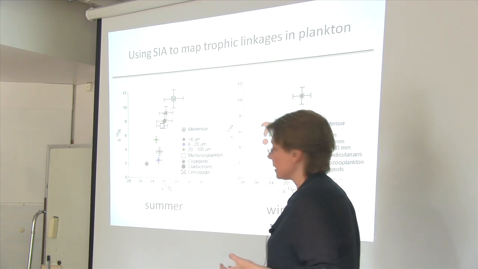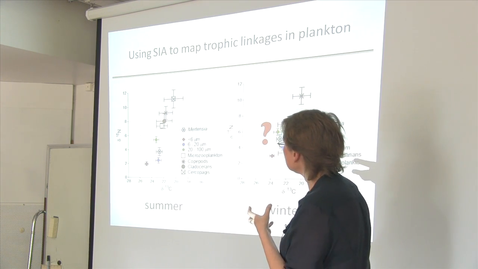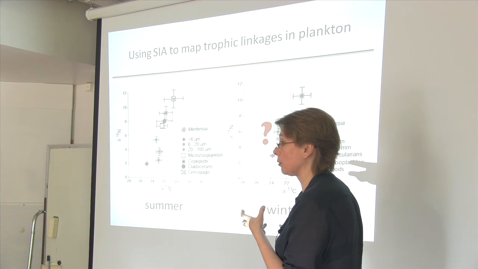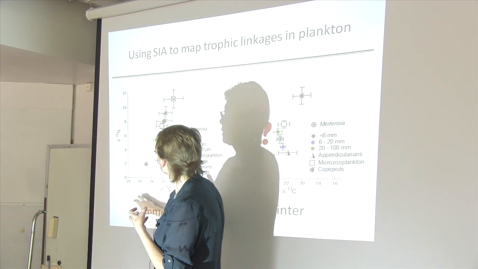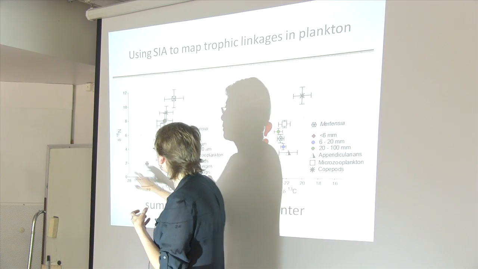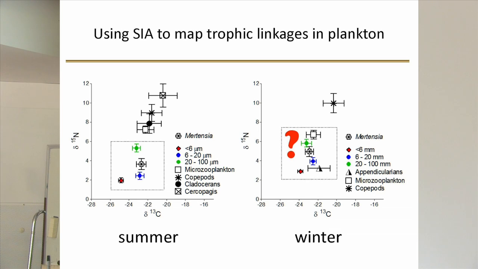Stable isotope analysis is good for some communities, but not for others. Like, for example, here we have mapped the carbon 13, nitrogen 15 signature in a pelagic food web, a planktonic food web.